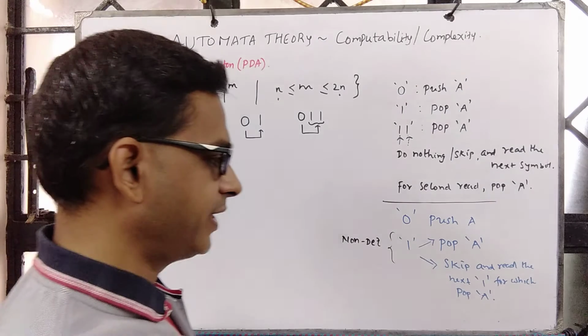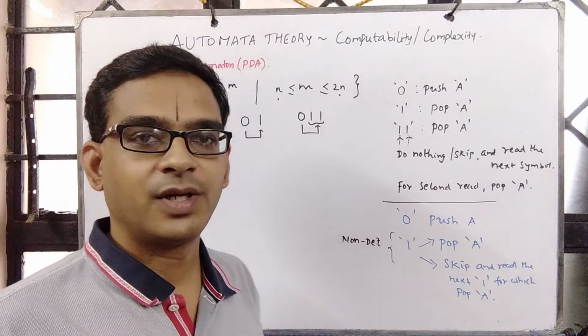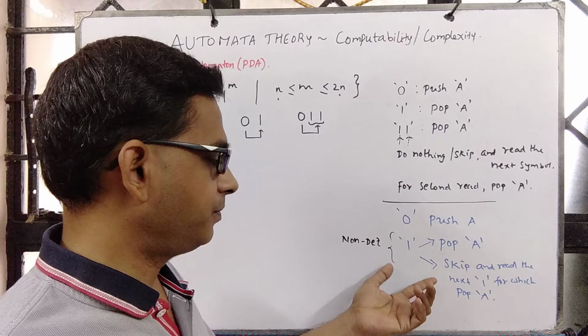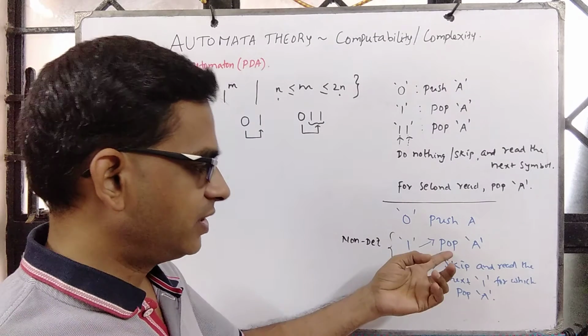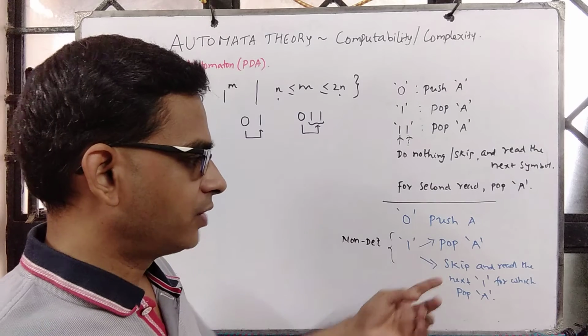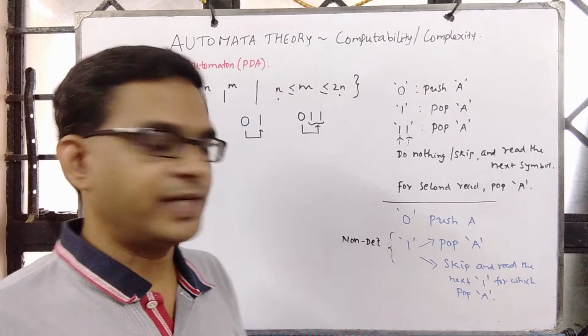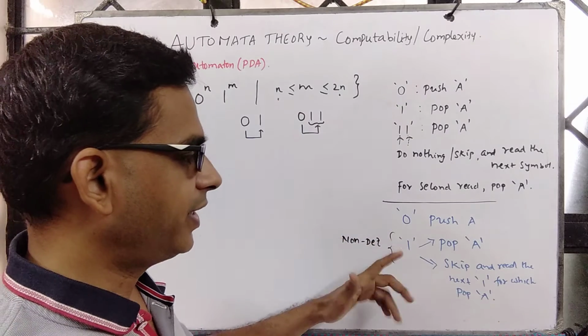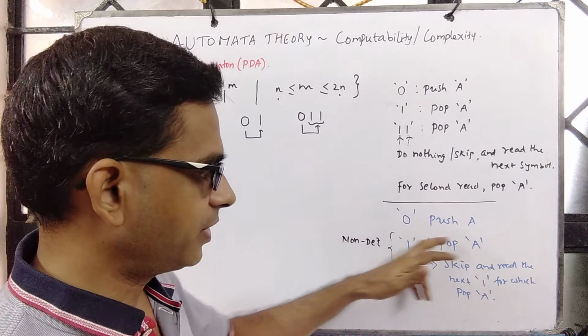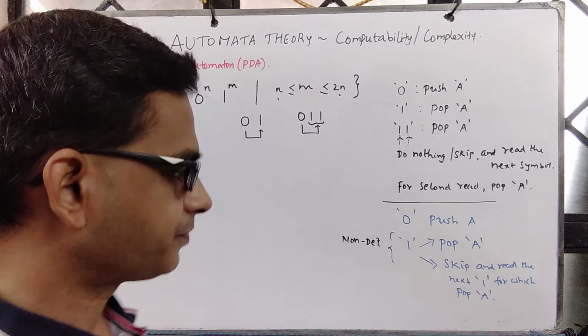And once you read the next one, you go for pop. So what should the machine do when it reads a 1? It is this or this. So it's kind of uncertain. The machine guesses and identifies whether it should take this or this.